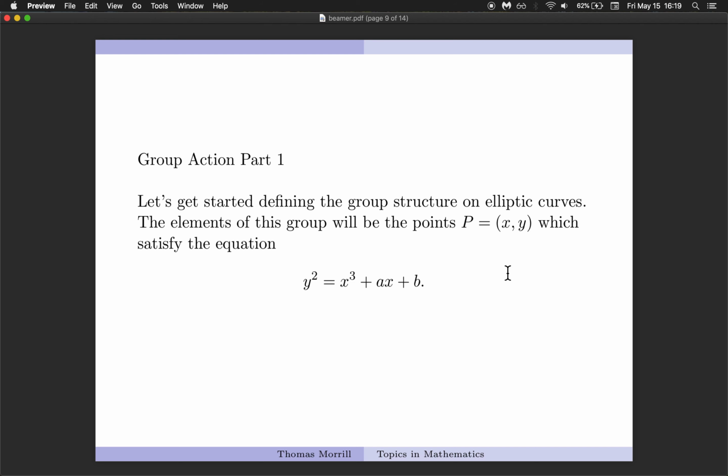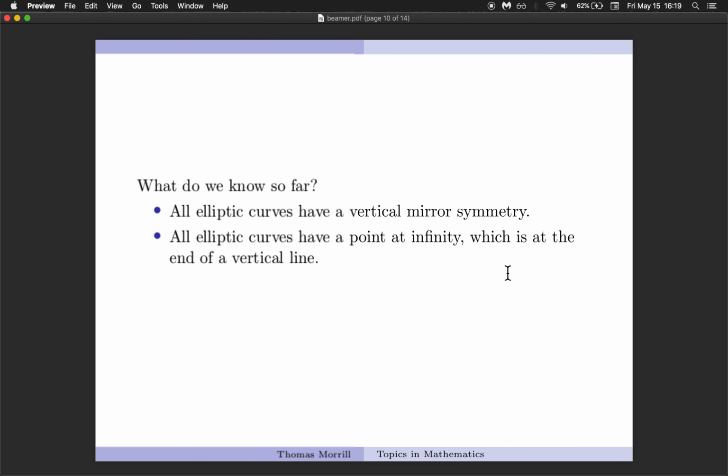I need to explain how we take two different points on the elliptic curve, add them together, and get another point on the elliptic curve. So, what structure do I already know about the elliptic curve?